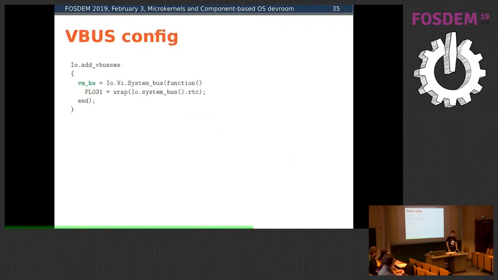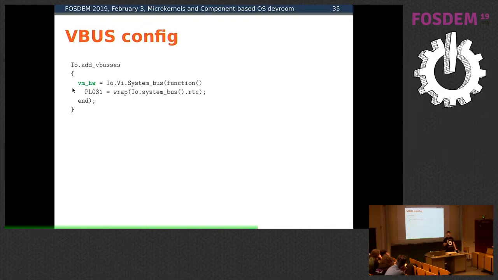And the thing missing is assigning or giving access to these devices to the actual UVMM or to the actual VM. And in order to do that, I/O creates for us a new virtual bus, which in this case will be known under the name VM_HW.